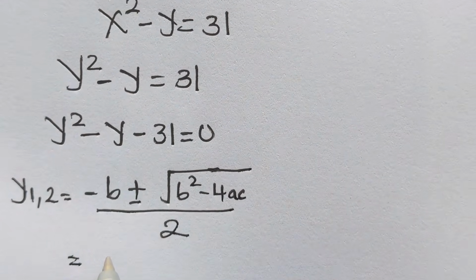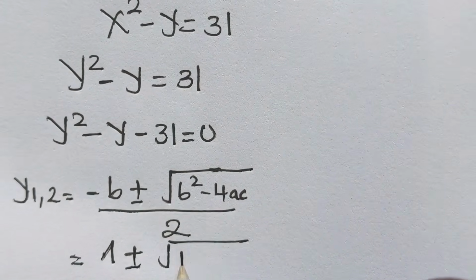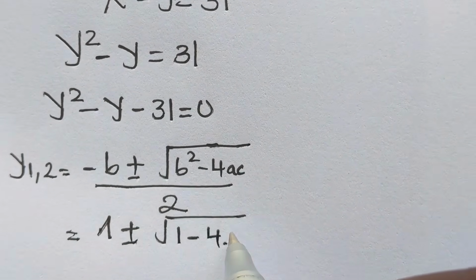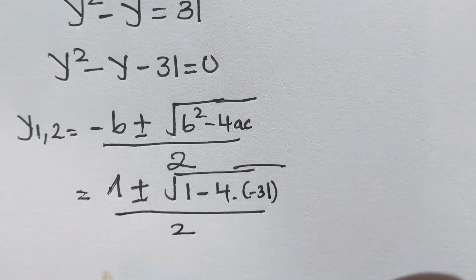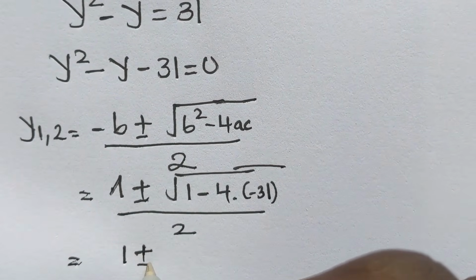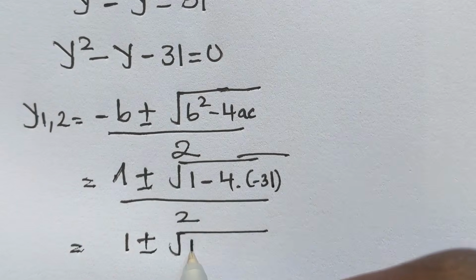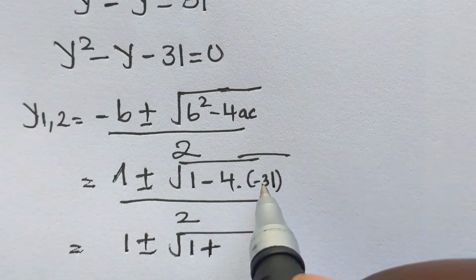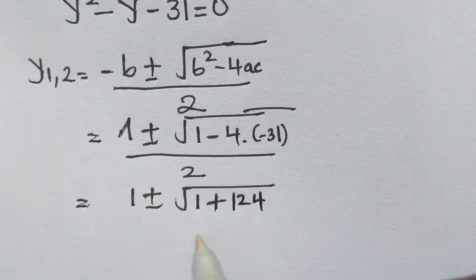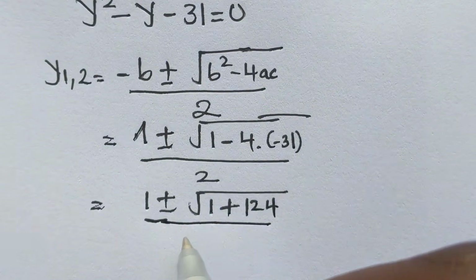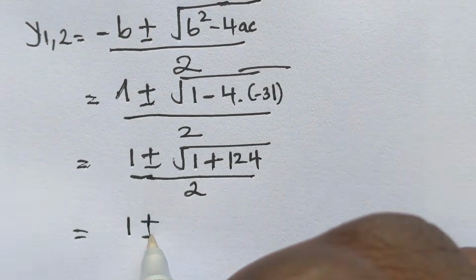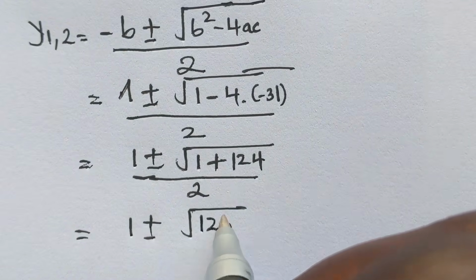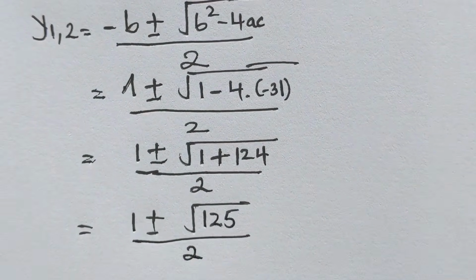This is 1 plus or minus the square root of 1 minus 4 times negative 31 over 2, which is 1 plus or minus the square root of 1 plus 124 over 2, so 1 plus or minus the square root of 125 over 2.